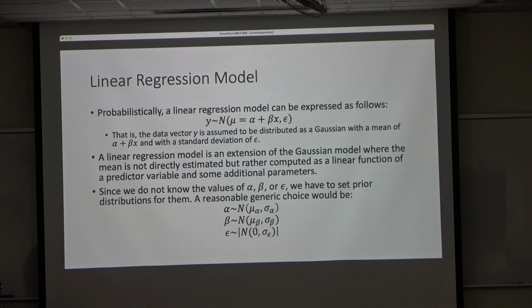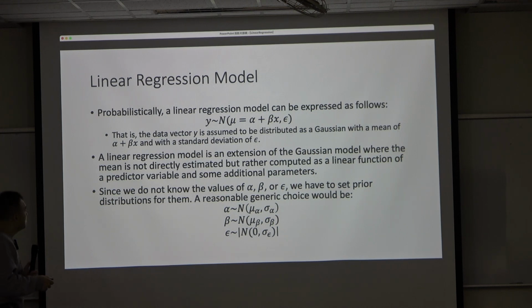So in a Bayesian model, how do we deal with linear regression? It's like this, because in Bayesian statistics, we always try to treat the value as a sample from a certain distribution.